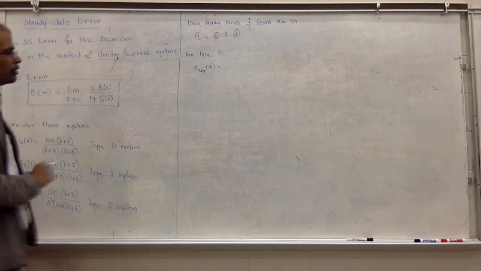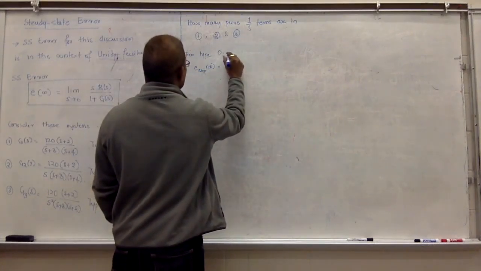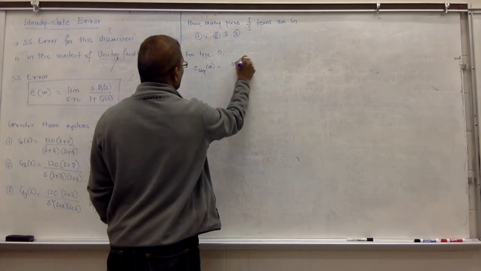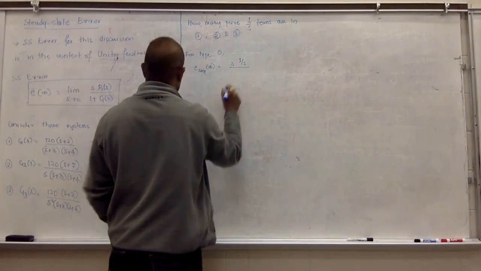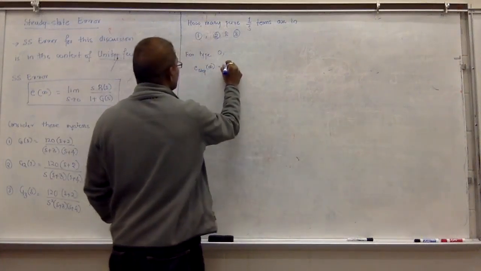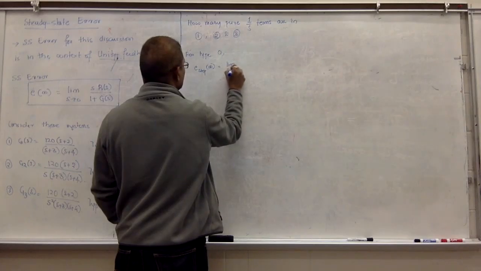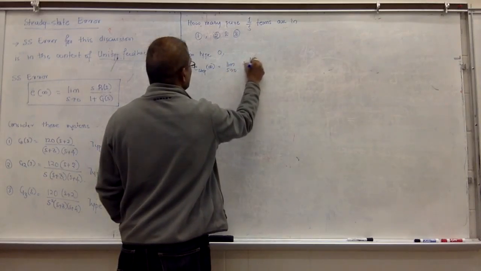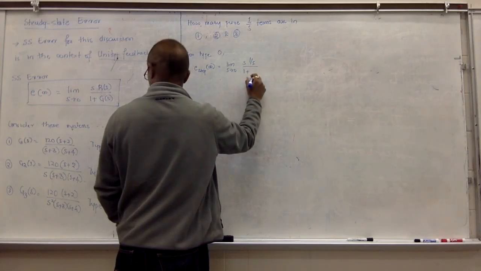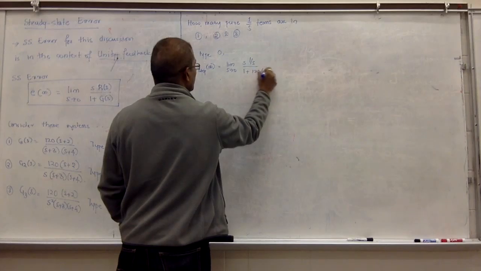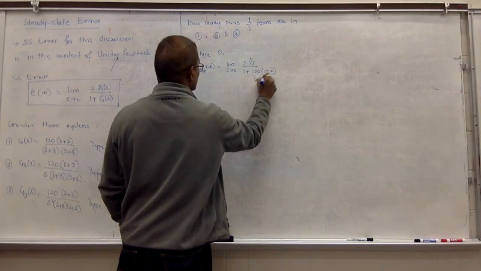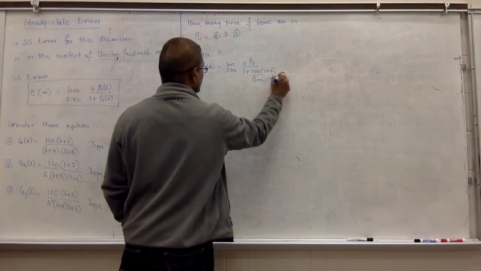E step would be the limit as s tends to 0 of S into 1 over S divided by 1 plus the transfer function.